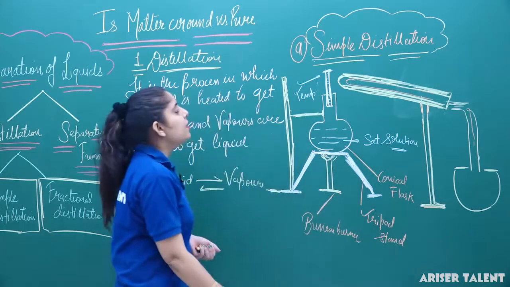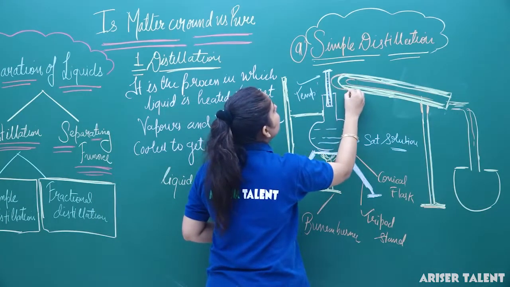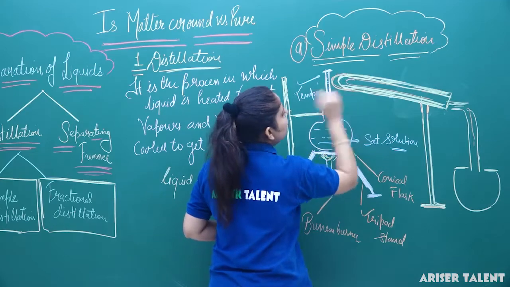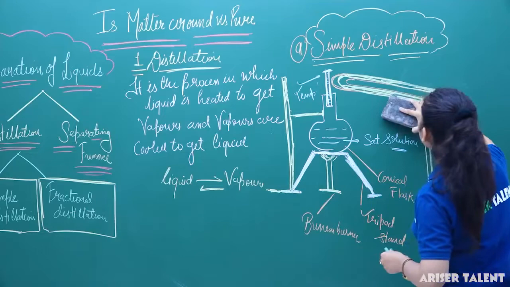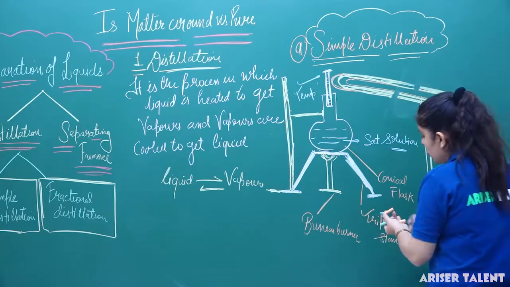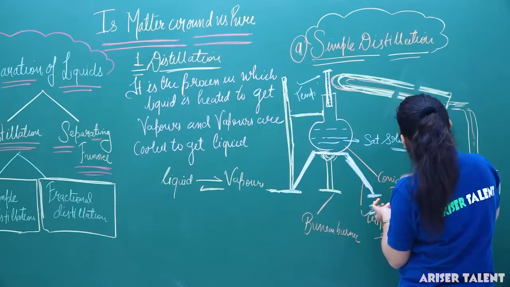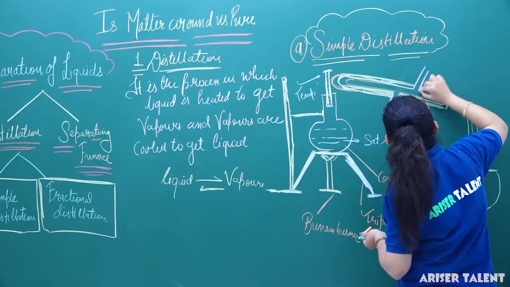Then what we have done, we have just taken something here that you can see. This is the part we have taken here. And in this part you are provided with one inlet and outlet. So here it is an inlet and this is the outlet.